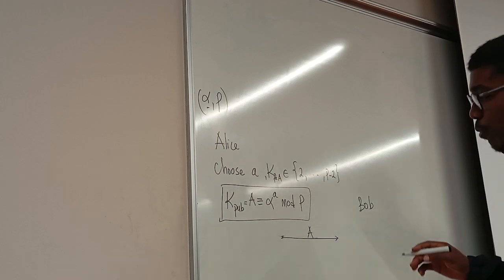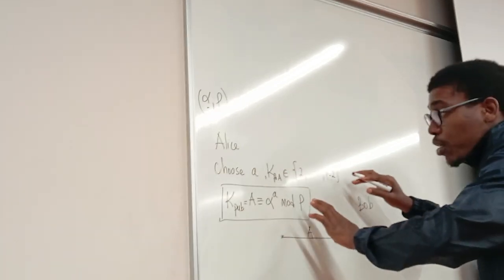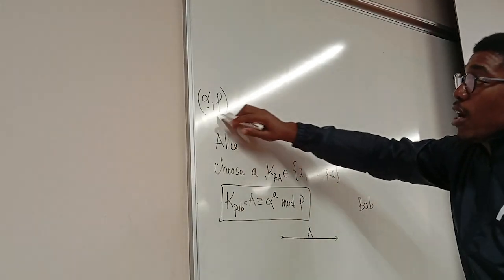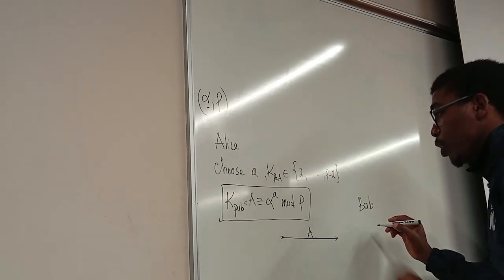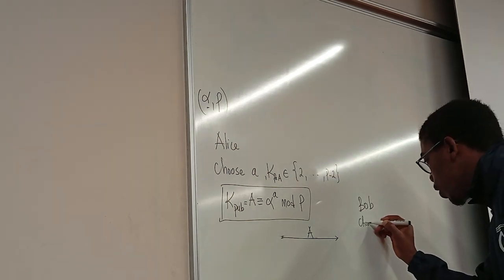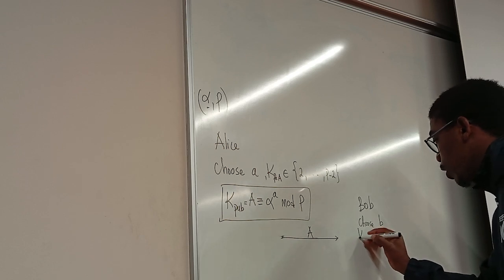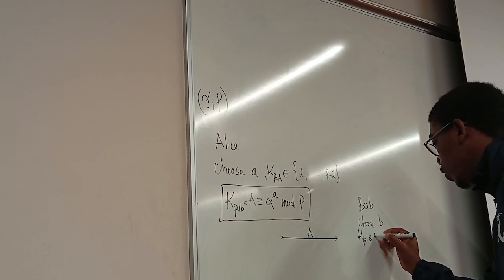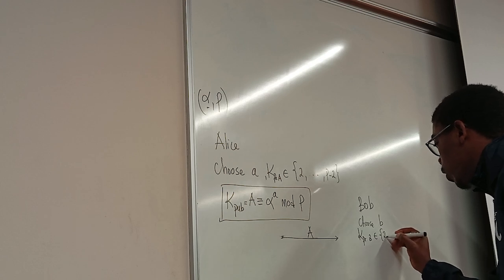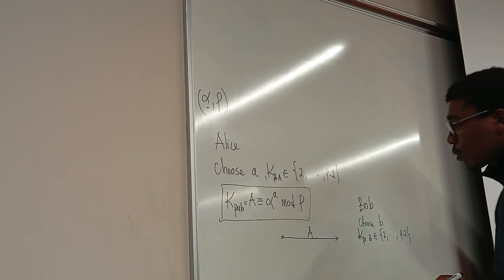Now what Bob does is, Bob doesn't make use of this first, but Bob also makes a similar computation. Note we said that alpha and p are public, they are the domain parameters. So Bob would also choose a B, a secret key, let's call it K private B. It's going to be an element from this set, 2 to p minus 2.